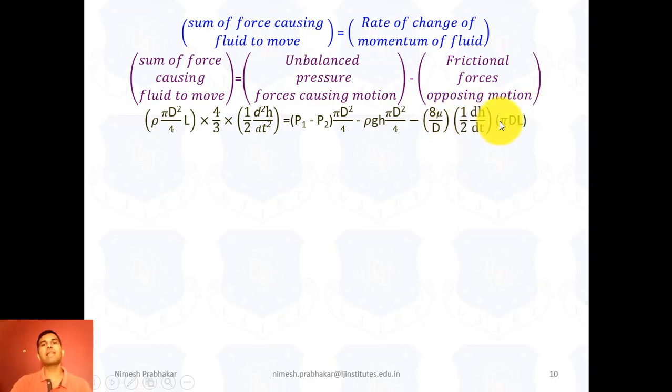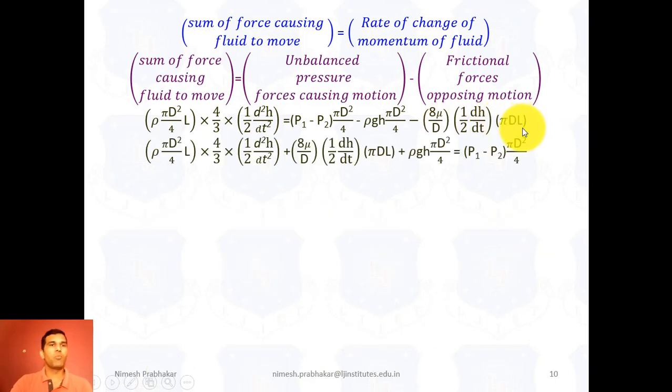Now we rearrange this. So we get rho pi d square by L into 4 by 3 into 1 by 2 d square h by dt square. Now this term comes to the left hand side, so the minus sign becomes plus. So plus 8 nu by d into 1 by 2 dh by dt into pi d L, plus this term also comes to the left hand side, so the minus sign becomes plus.